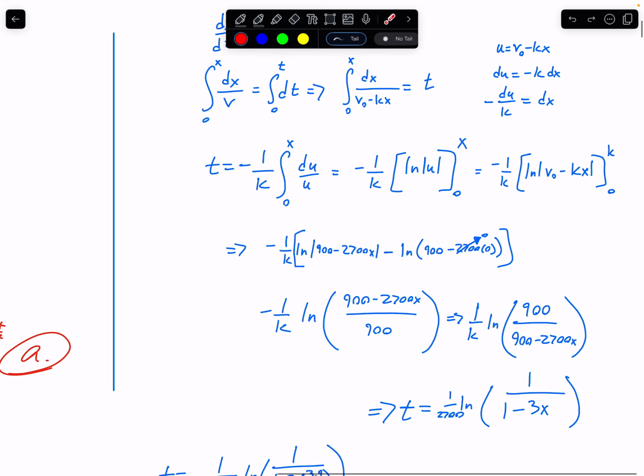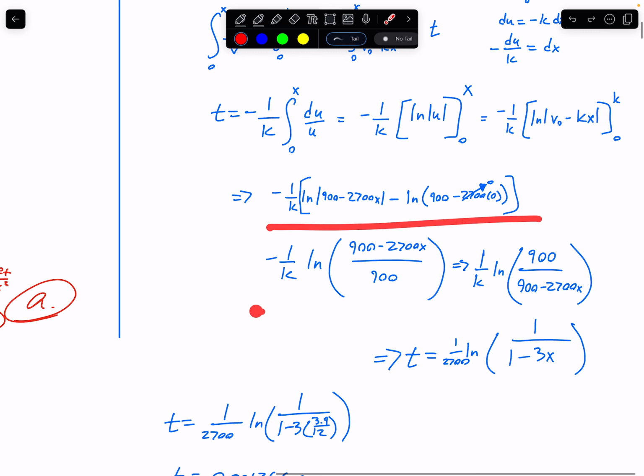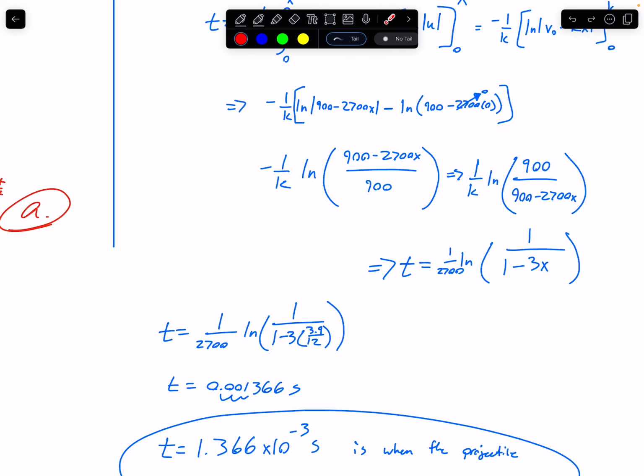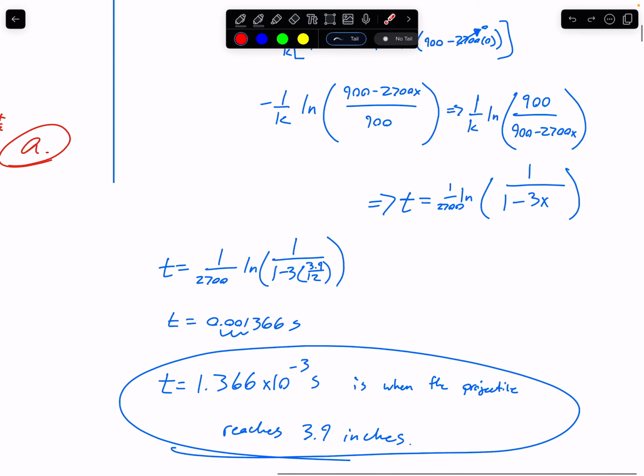Once we sub everything back in and finish taking the integral, using how natural logs operate, we take the minus, make that a positive, and that leads to that expression over there.